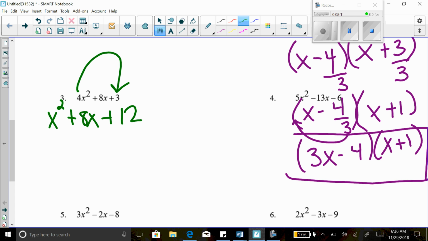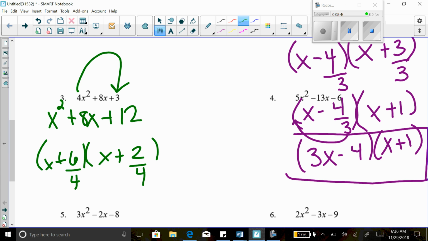So I'm looking for two numbers now that will add to 8, multiply to 12. Okay? Well, I know that's 6 and 2. So I did my slide, and now I have to do my divide. So you divide by the number that's in the front, which was a 4.